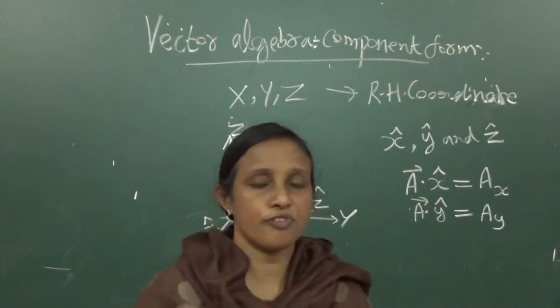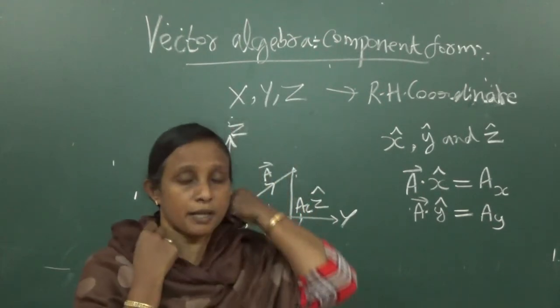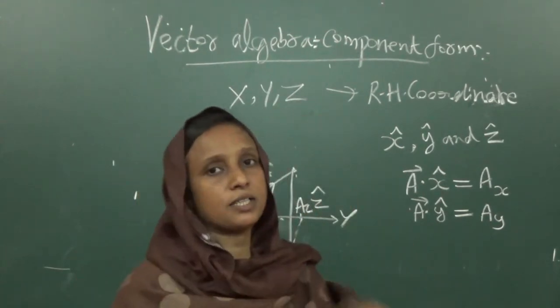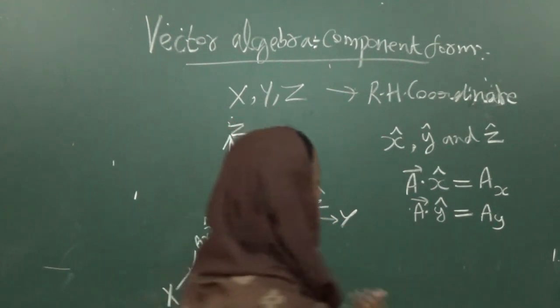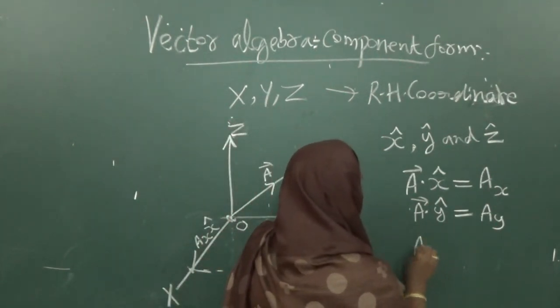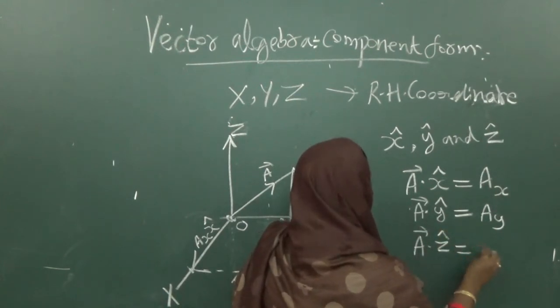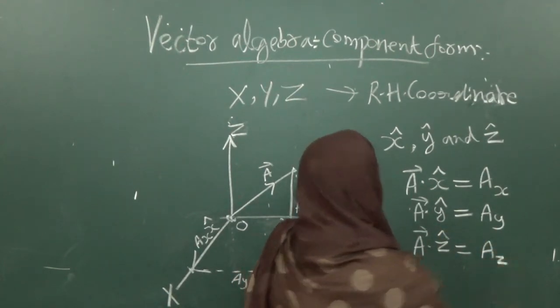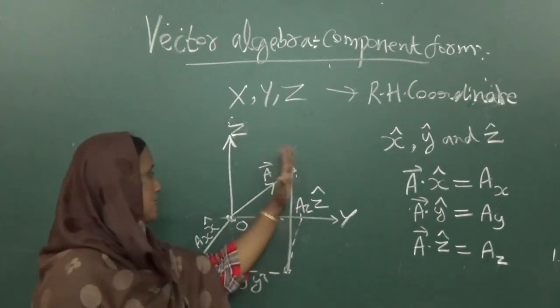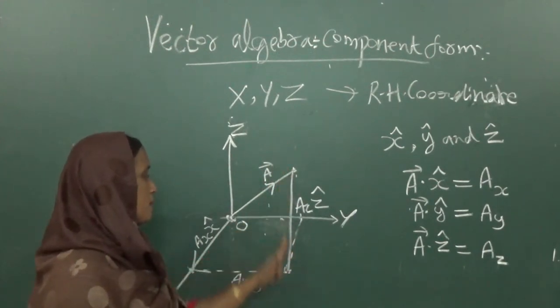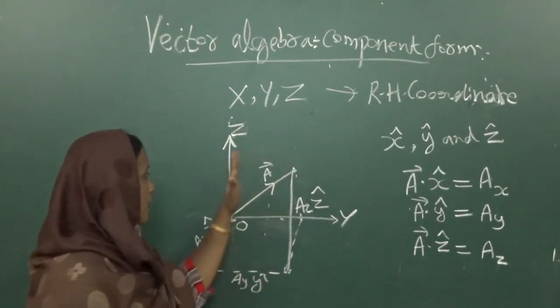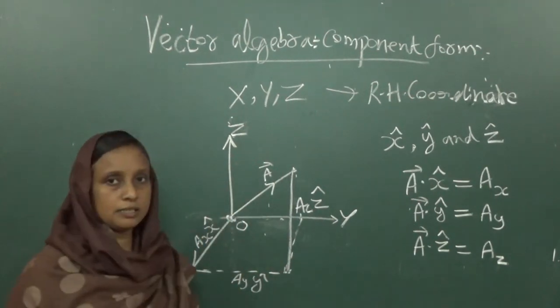From that you can understand how to find the different components of an abstract vector using a coordinate system. Here we can write vector A dot z cap, which gives us Az. So Az z cap is the component of vector A along the z direction.